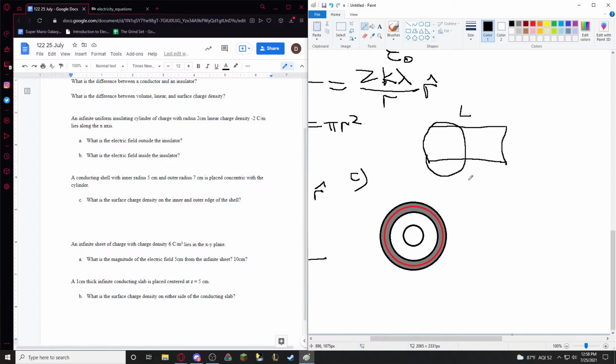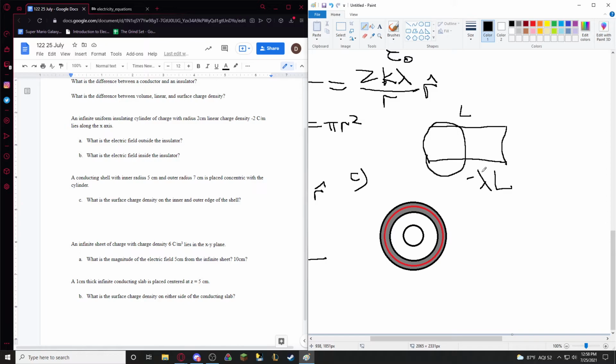It'd just be lambda times L, right? Yep. So we'll call it negative lambda L, because we'll leave it in terms of the original lambda, which is on the inside, which is negative. So this is positive, but just roll with it. Okay, so that's our total charge.